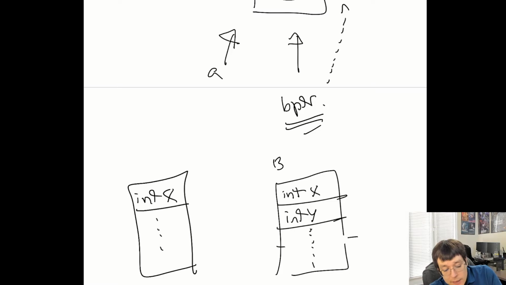So if I try to access a Y in this scenario, I'm going to access basically garbage, which is a bad idea. In the scenario where I have a B, but I think it's an A, that's okay, because you're still only accessing the content of the X, which are there, so it's no problem. You just can't access the Y, which, whatever.